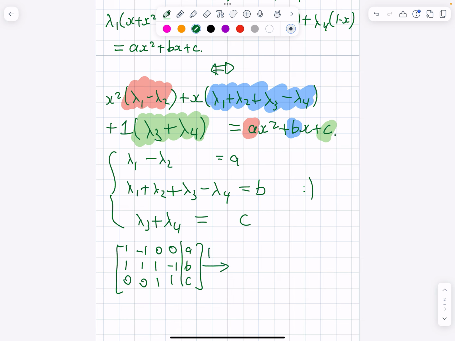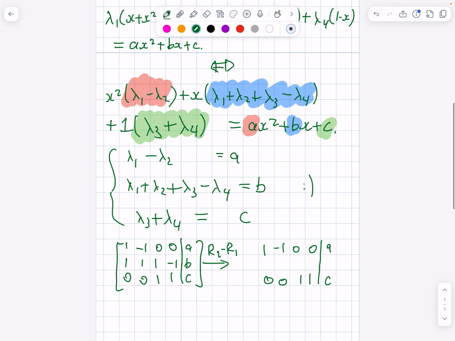Let's do row 2 minus row 1. The first and bottom rows are unaffected, and the middle row becomes 0, 2, 1, minus 1, and then b minus a.